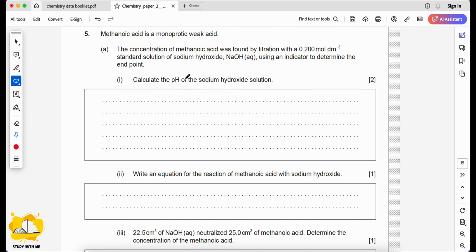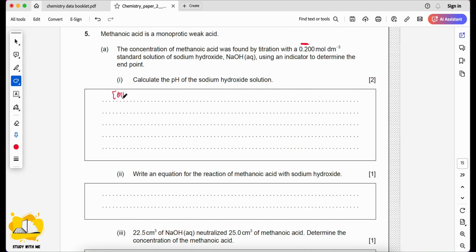Okay, next question. Methanoic acid is a monoprotic weak acid. The concentration of methanoic acid was found by titration with 0.2 molar standard solution of sodium hydroxide using an indicator to determine the endpoint. Calculate the pH of the sodium hydroxide solution. So it's titrated by NaOH and the concentration is 0.2.